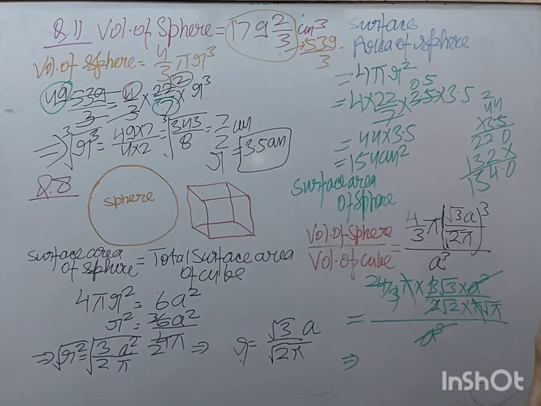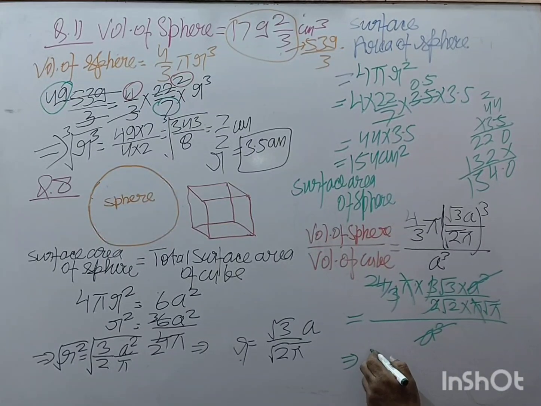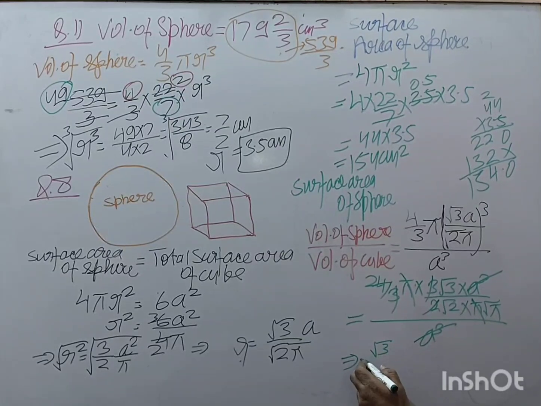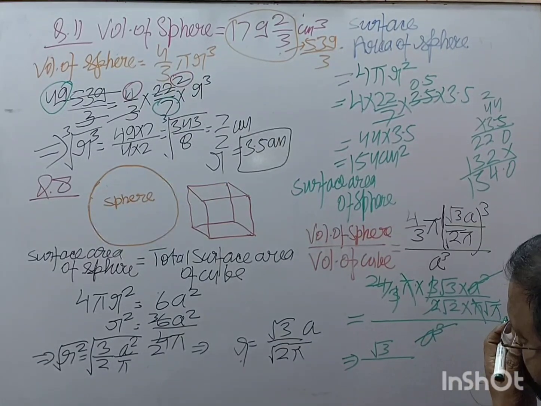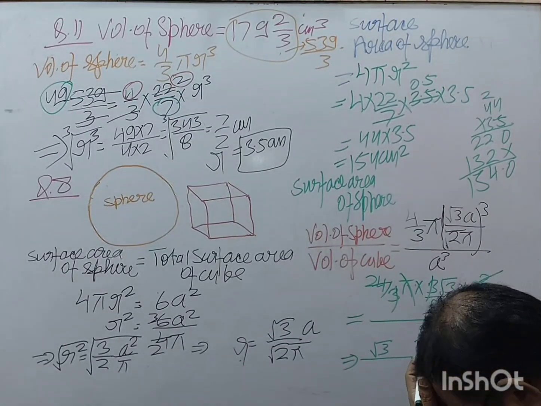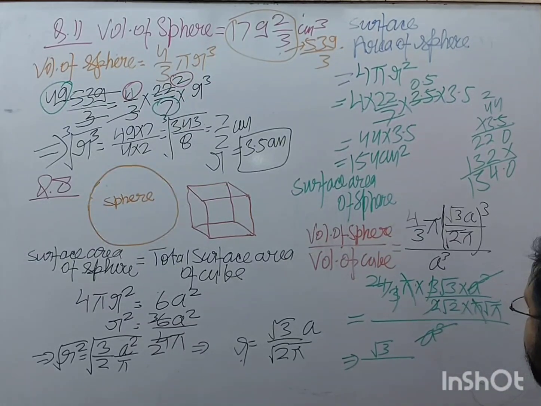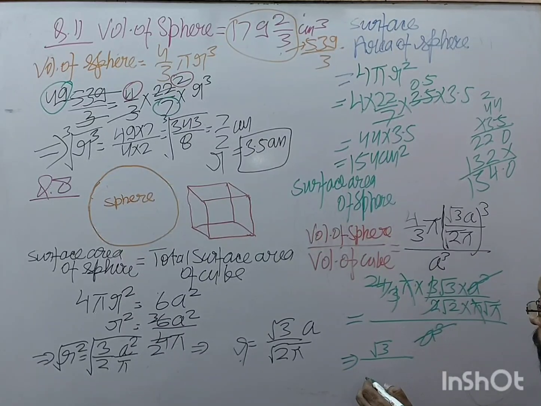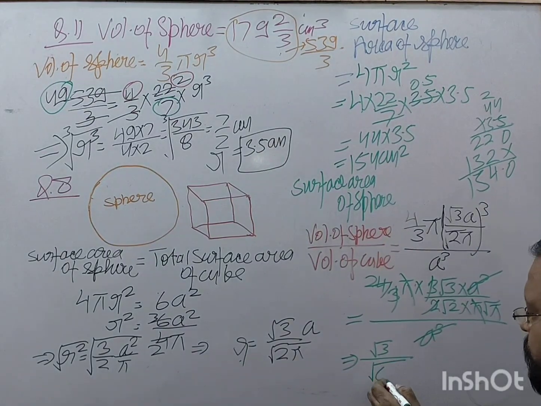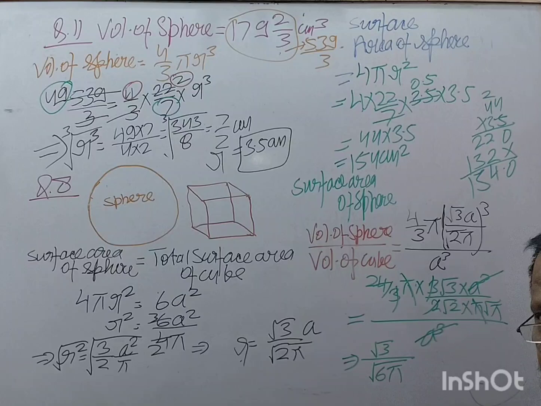So what you can write? Root 3 upon root 6 pi.